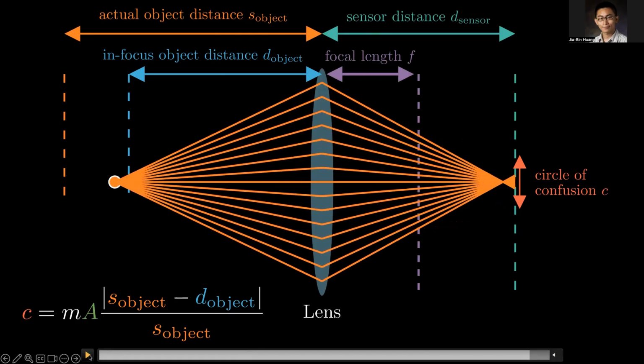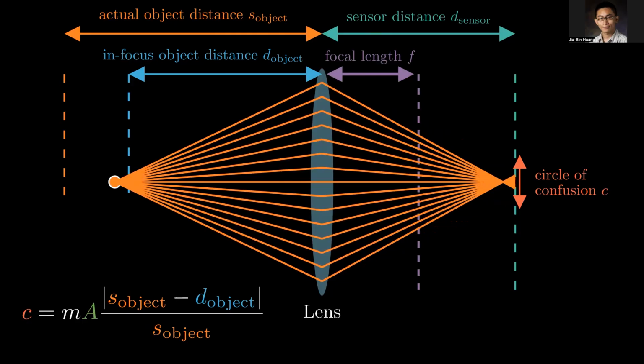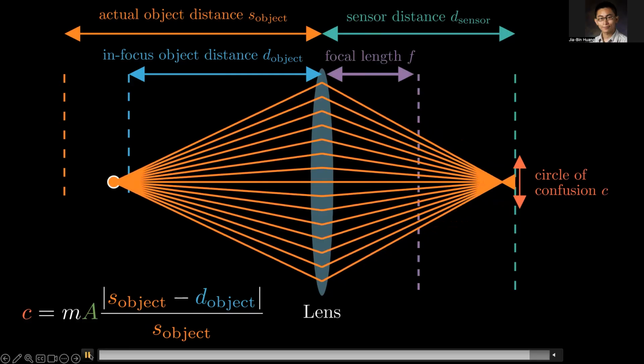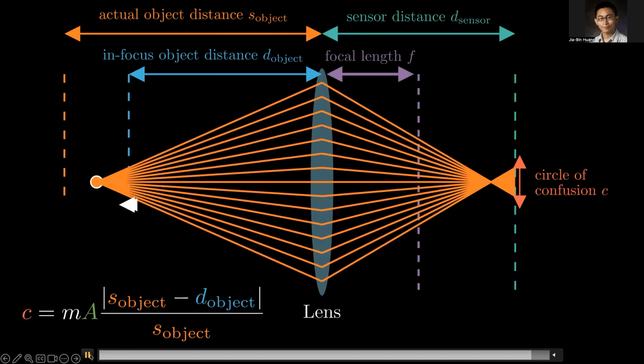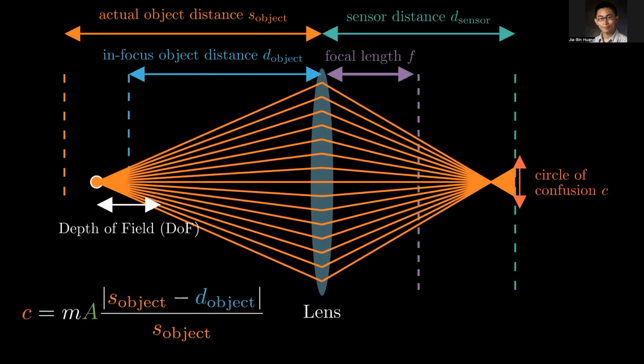What it means is that if you deviate from the focus distance, it will become blurred very quickly. Okay. So you can see this, right? The object will only be relatively sharp within these regions.